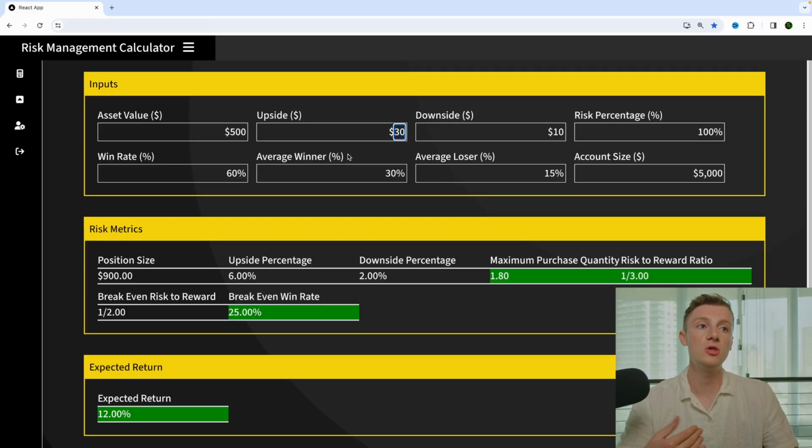And at which point you are right, where you're going to take profit, how much money you are going to make. So we're going to take those two variables, the downside and the upside, in addition to the asset value. And those are three variables that we're going to need to determine at the end of the day what our position size for the trade is going to be.